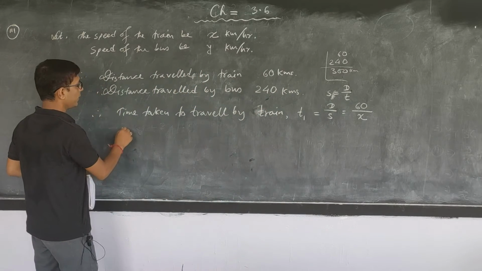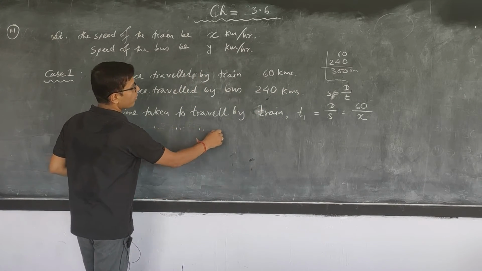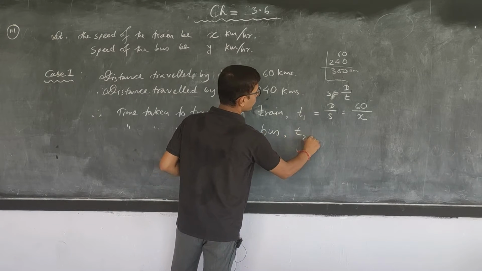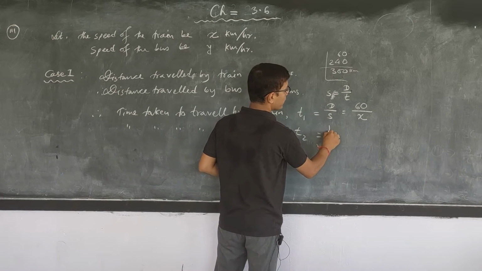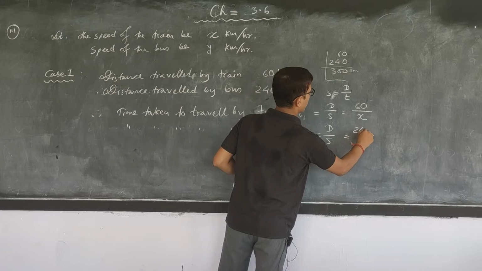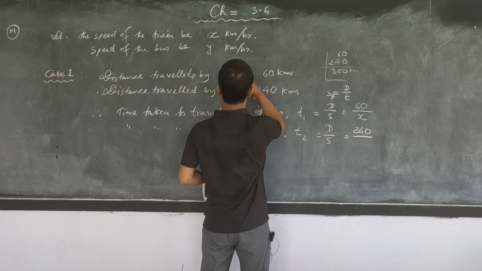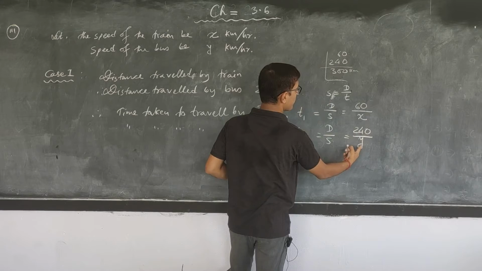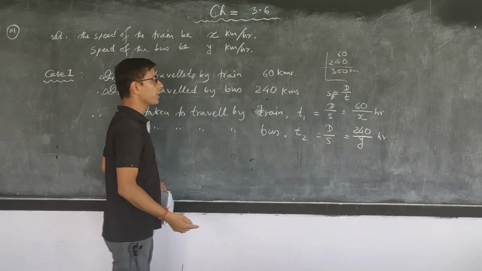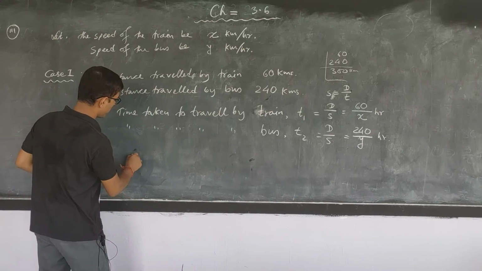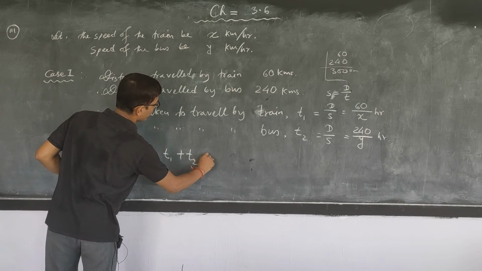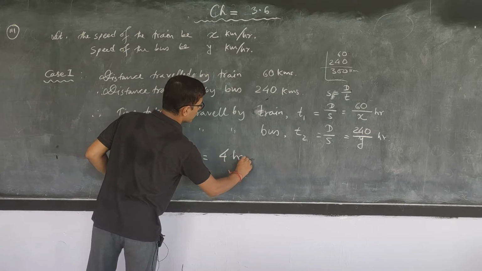Then again, the time taken to travel by bus, that is T2, is distance by speed. The distance traveled by bus is 240, and the speed of the bus is y. Both are times in hours, and these two times together are 4 hours as given in the question.